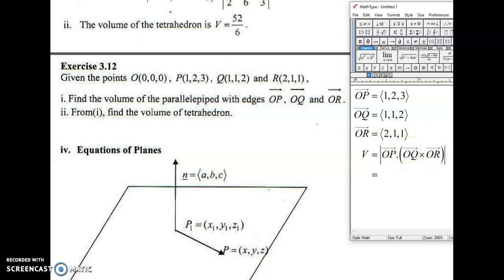Next is just to rearrange it, where we have 1, 2, 3, and then 1, 1, 2. After that 2, 1, 1. Okay, let's calculate that.